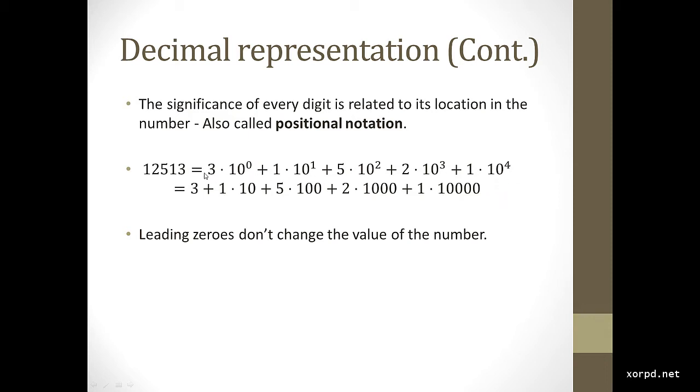And this is the real value of this number. This is just a representation, and this is the value. This is the meaning of this number. Some small comment about it. We can see that leading zeros don't change the value of the number. You probably already know this, but I just wanted to mention this.